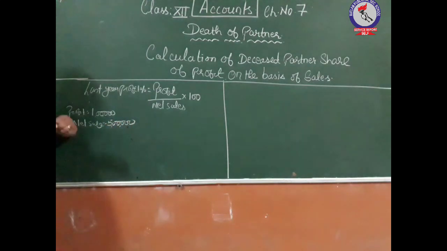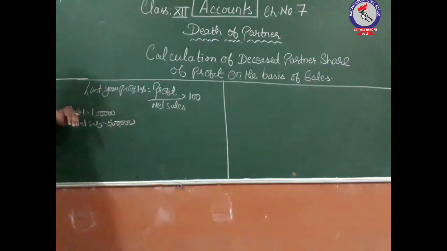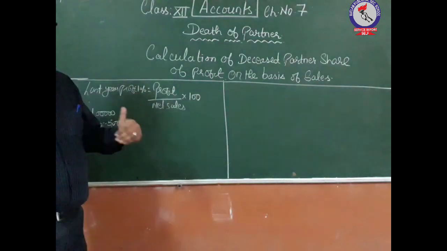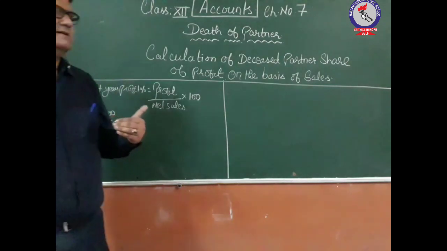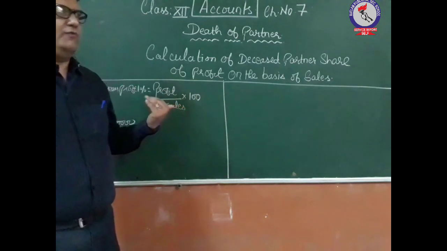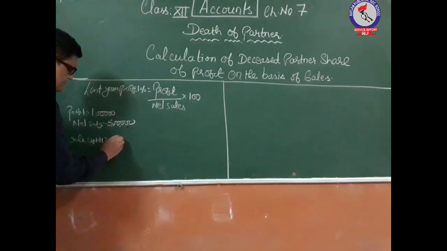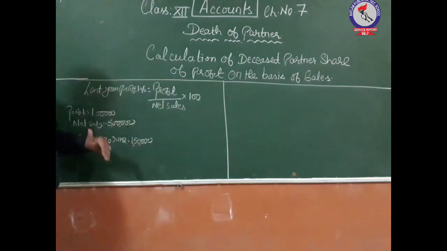Then it is said that one of the partners died on, let's say, 30th June of the current accounting year, and up till that date the sale of the firm was 1.5 lakh. So sale up till 30th June equals 1,50,000.